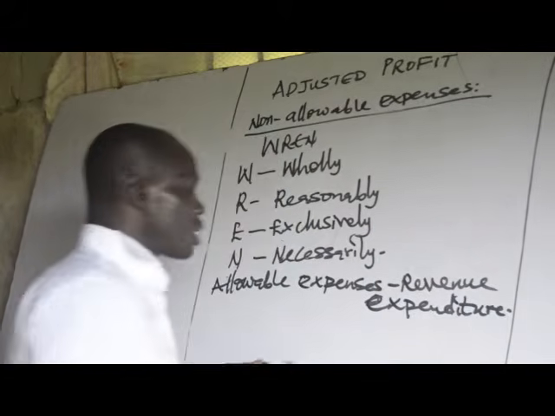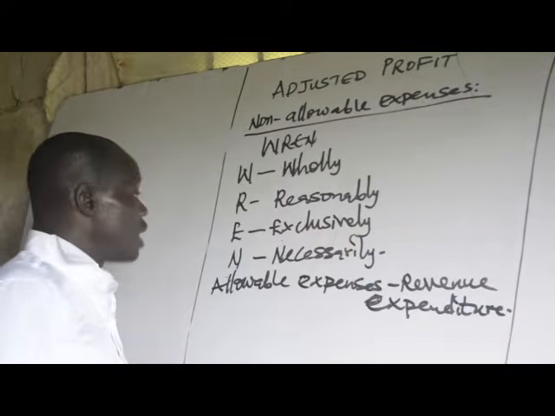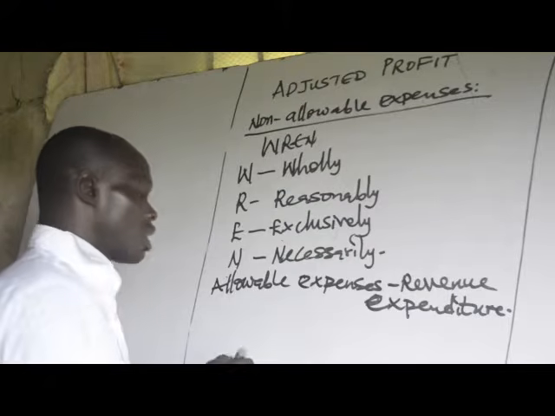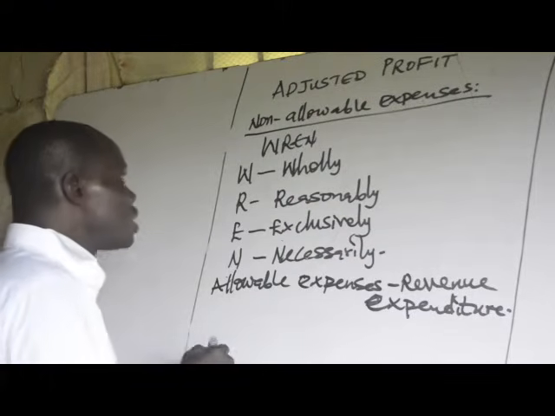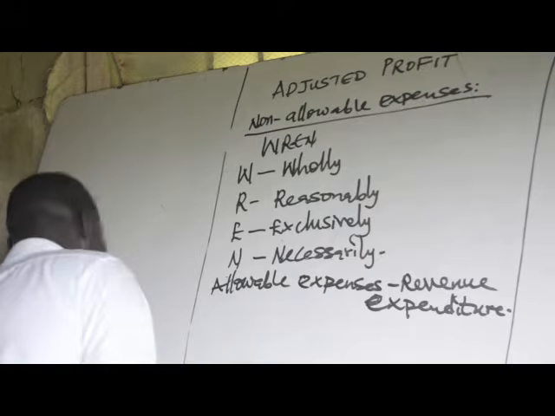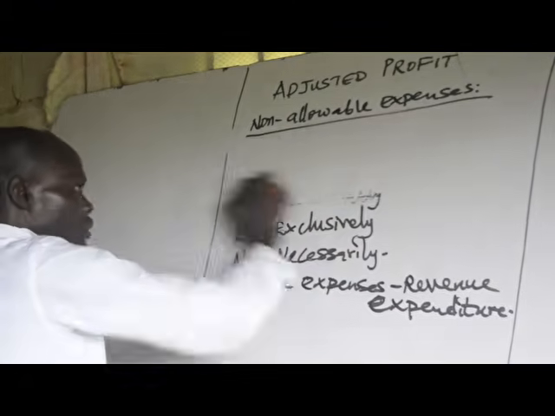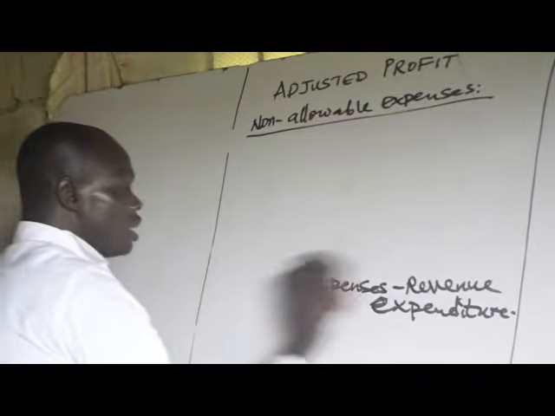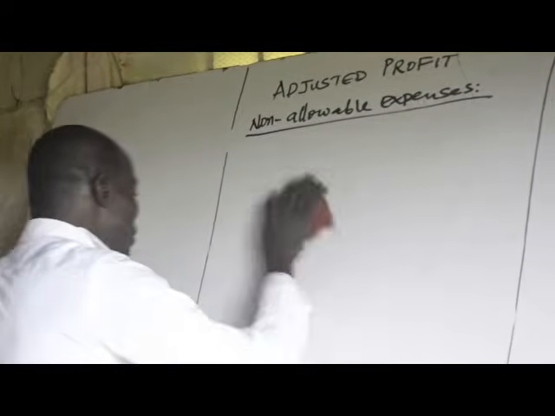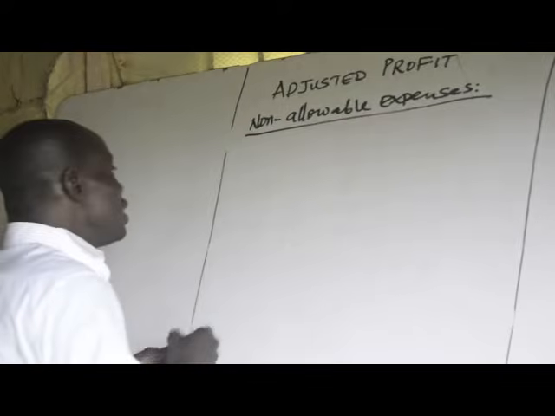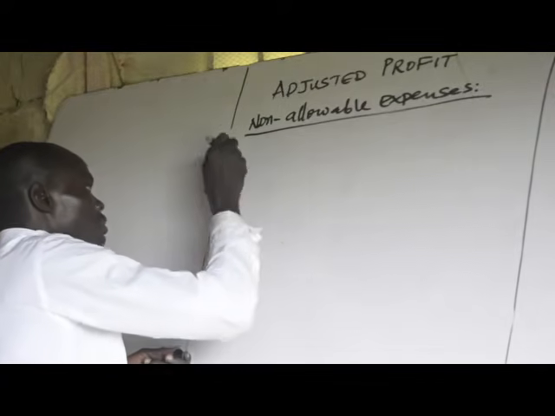Meaning that capital expenditure is not allowable for tax purpose. The list of non-allowable expenses includes number 1, depreciation. Depreciation is not allowable for tax purpose. Depreciation is an accounting derivative.